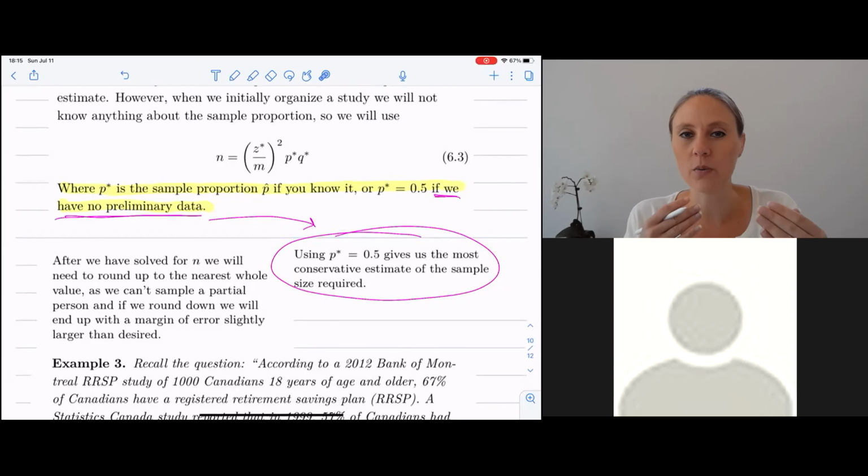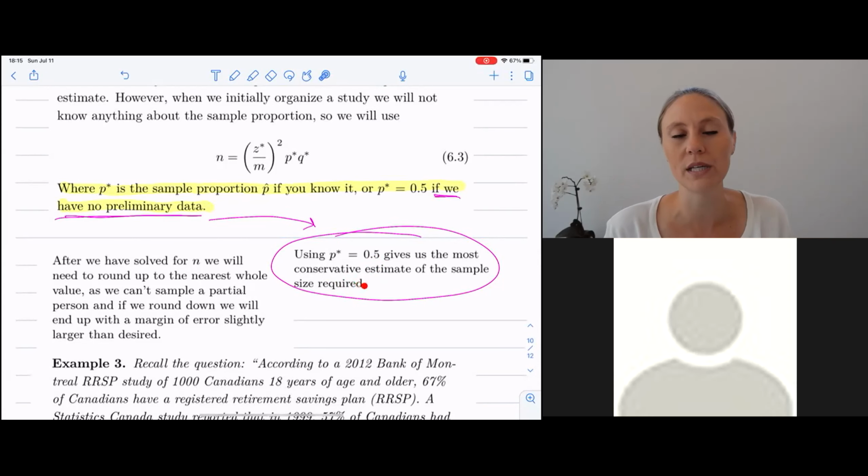You can play with any kind of split that you want, but in the end, what you're going to find is that a 50-50 split gives you the largest possible sample size required, and that's what makes it the most conservative estimate. And so it's always safe to use 50-50.